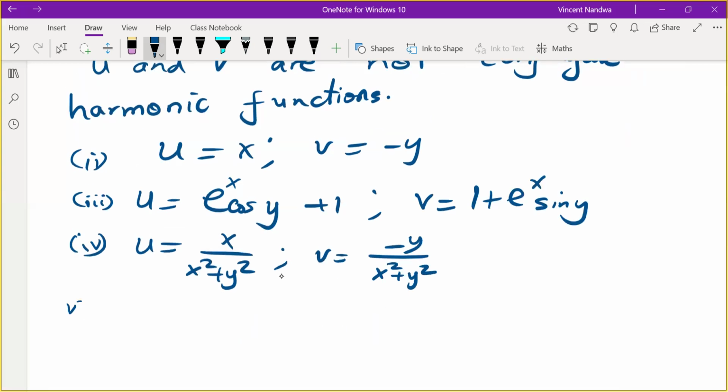And lastly, if you have u as x squared minus y squared, and v as y over x squared plus y squared.